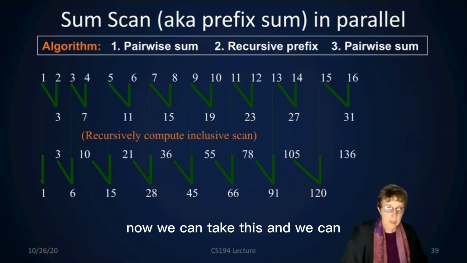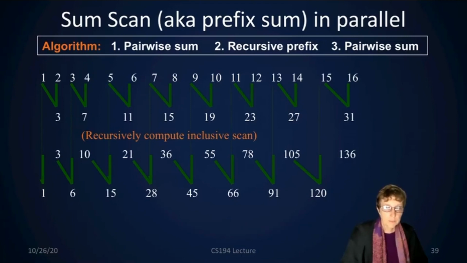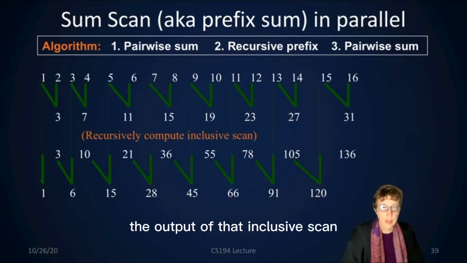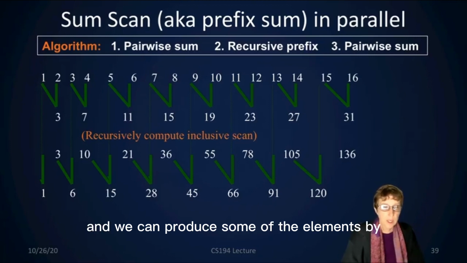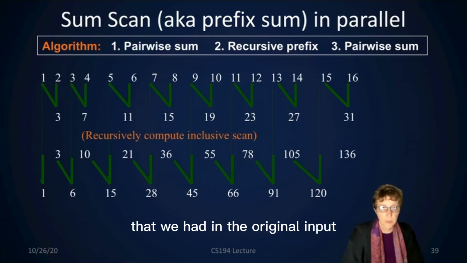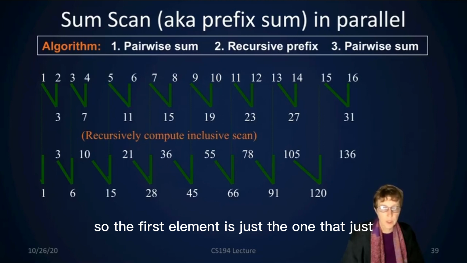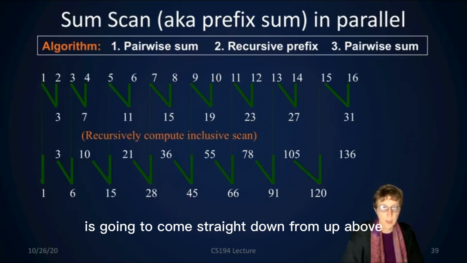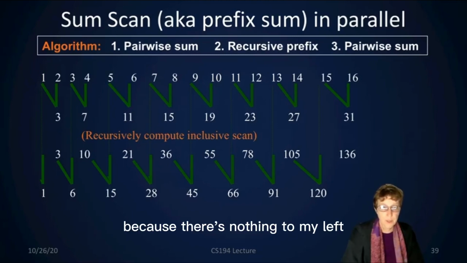Now we can take the output of that inclusive scan and produce some of the elements by adding them to other elements that we had in the original input. The first element is just the 1; that comes straight down from above because there's nothing to my left.